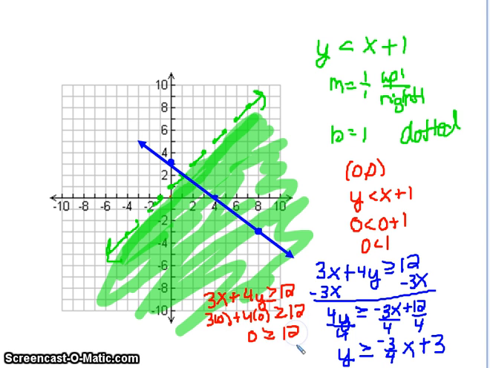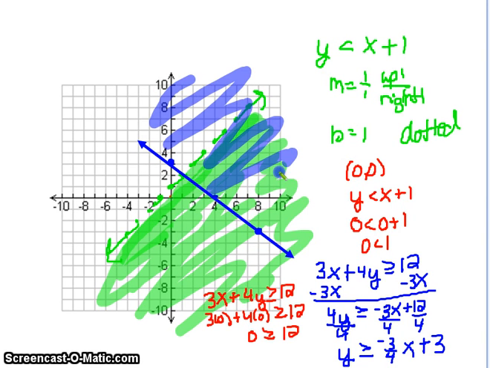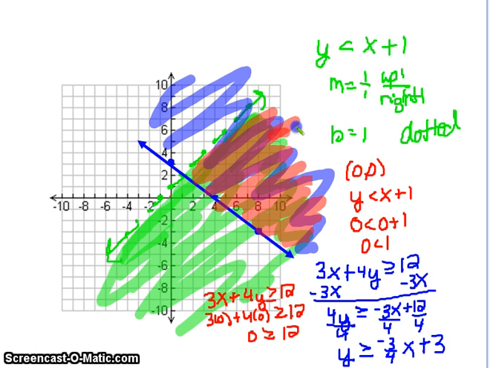And is 0 greater than or equal to 12? No, it is not. So our answer is going to be over here. And the answer to our system is this doubled over green and blue. This section right here is our answer.